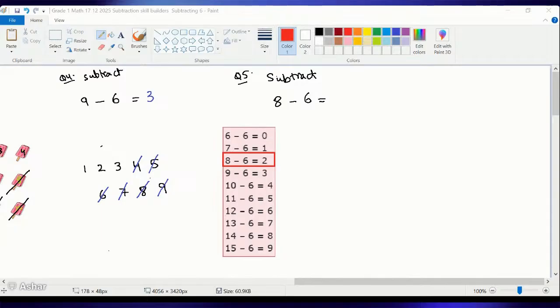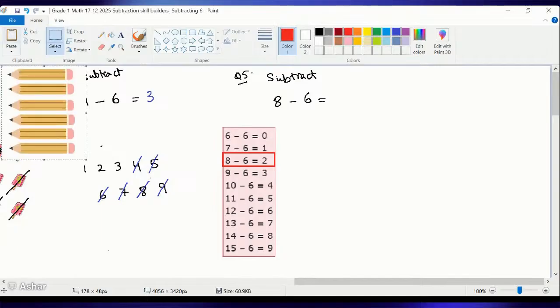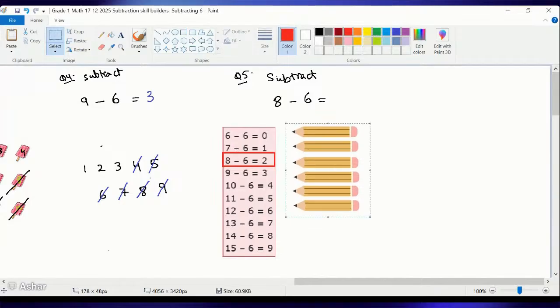We can have any objects, okay? So let's suppose we have pencils over here. We'll paste them and see how many there are. Let's label them: 1, 2, 3, 4, 5, and 6. We need 2 more pencils. So if we have 2 more, the total number of pencils is 8.